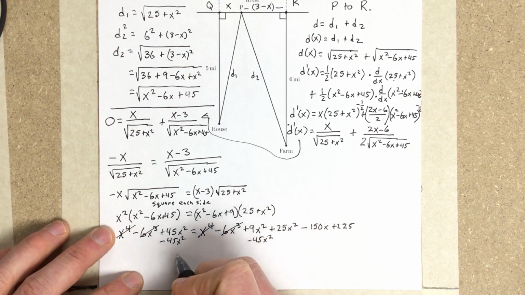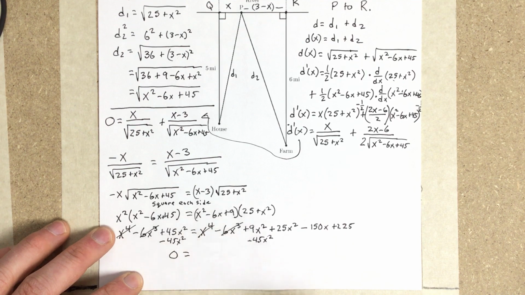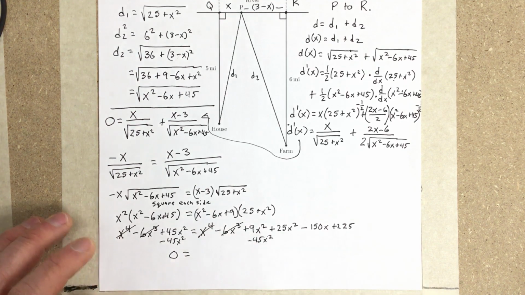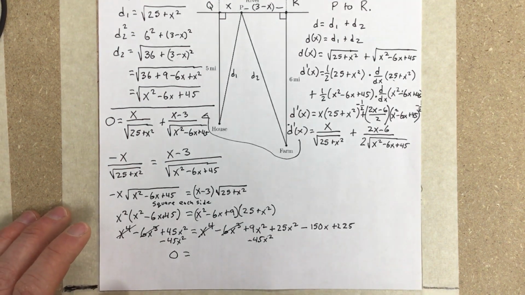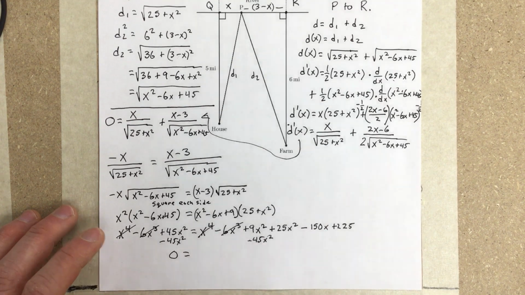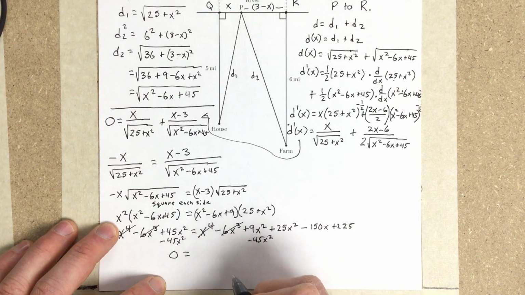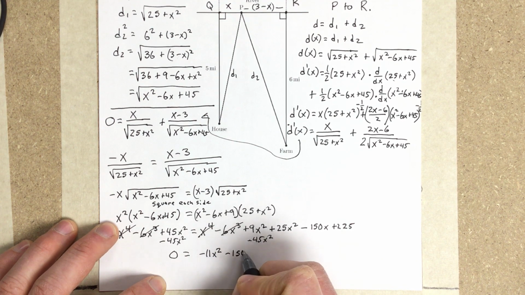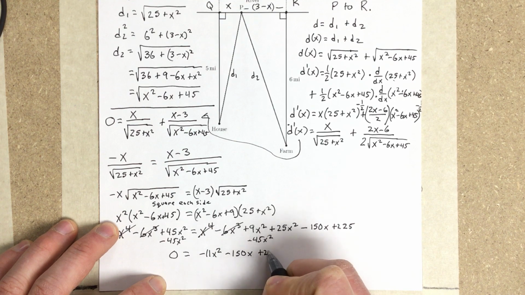So I end up with 0 is equal to 9 plus 25 minus 45, negative 11x squared minus 150x plus 225.